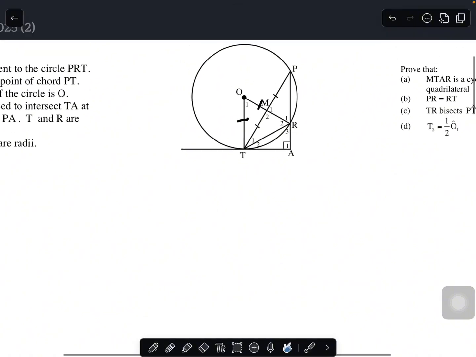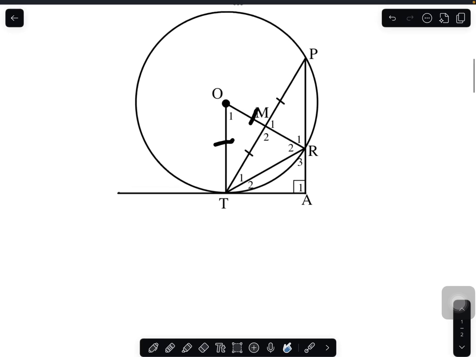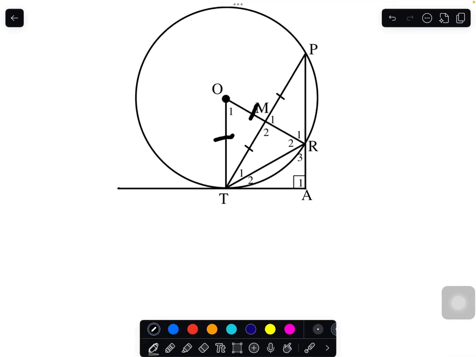So let's look closer at this diagram. We want to show that PR equals RT. When you know that this line here equals this line here, it would mean that this angle equals that angle.